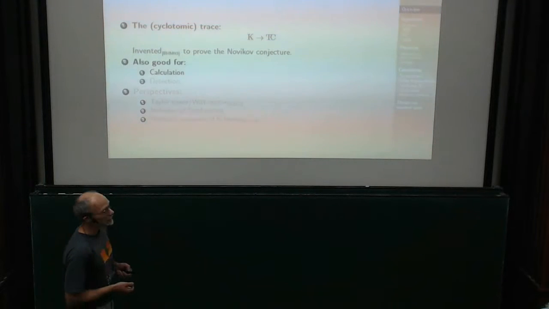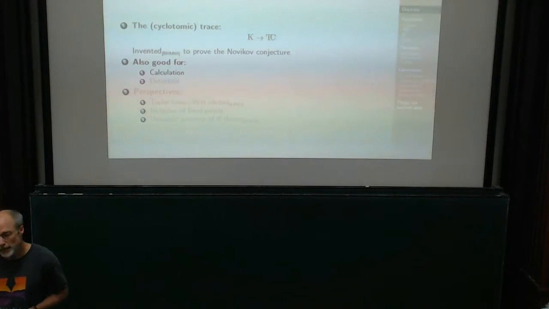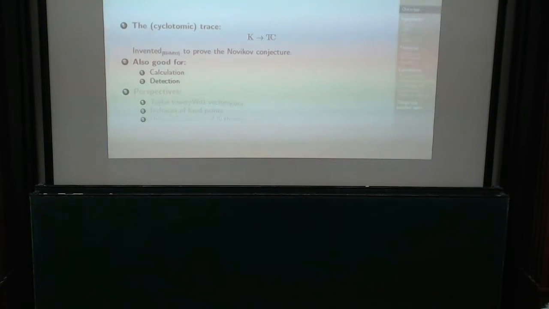But even if you can't calculate, the trace methods are often very useful for detecting structure of algebraic K-theory. So even though we're going to see that the difference between K-theory and topological cyclic homology in some cases is not very big, even when the difference is very big, what survives to TC may be a very important piece of what K-theory actually is.